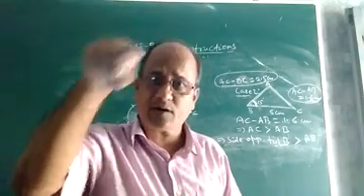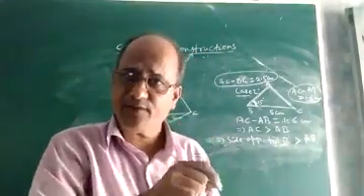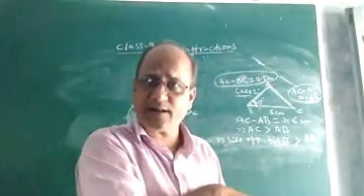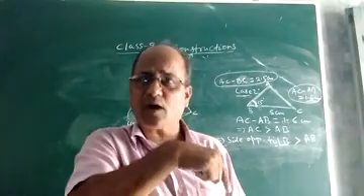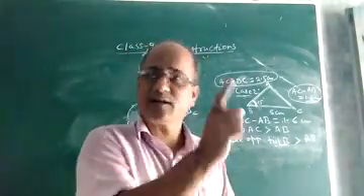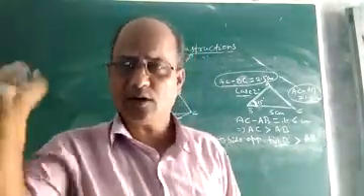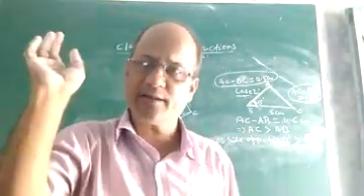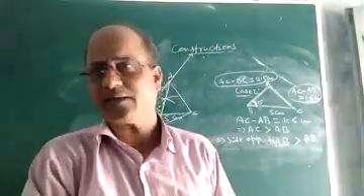The difference will be cut upward if the side opposite to the given angle is less than the third side, and the difference will be cut downward if the side opposite to the given angle is greater than the third side. If you remember this, you can easily construct this triangle.